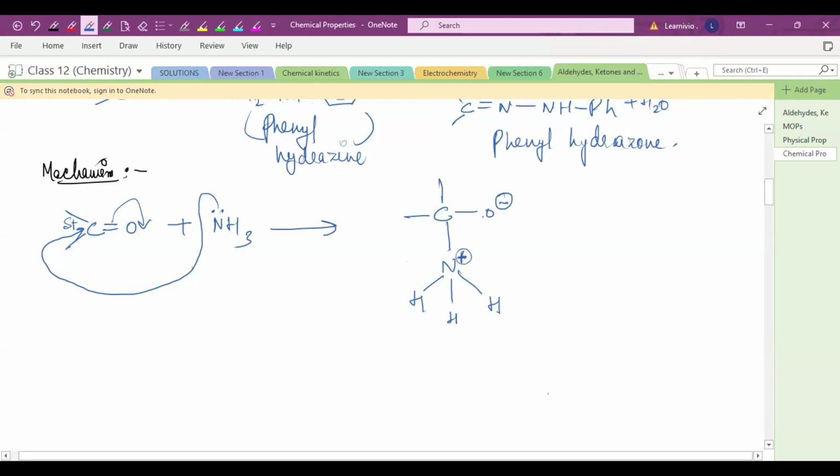Now, let's check the polarity, right? Which one will get partial positive charge, and which one will get partial negative charge? Between this hydrogen and nitrogen, which one is more electronegative?